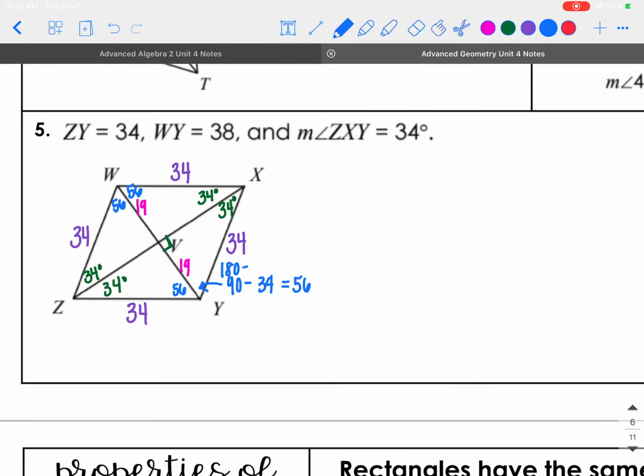And I'm going to take a wild guess and say I'm probably going to have to find this other side, this other diagonal. So I'm going to go on and do that because I can guarantee I'm probably going to have to. So we're going to do 19 squared plus b squared equals 34 squared. Pythagorean theorem. 361 plus b squared equals 1156.